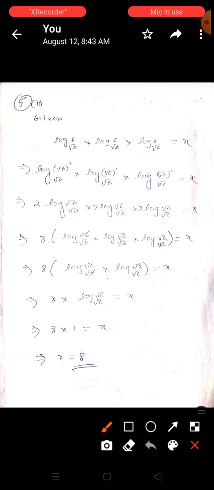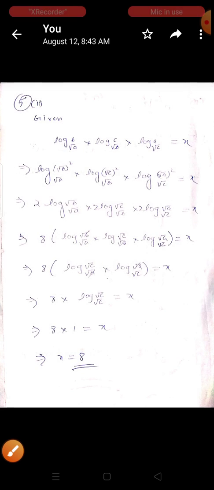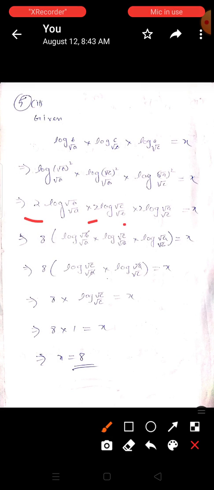Given log of b to the base a into log of c to the base a equal to x, we have to find the value of x. b means root over b square, c means root over c square, a means root over a square. So this 2 will come outside, this 2 will come outside, this 2 will come outside. So 2 into 2 into 2 will become 8.